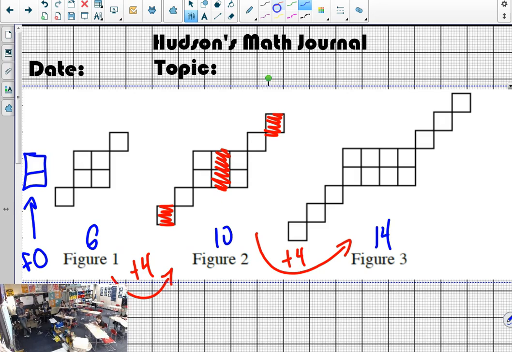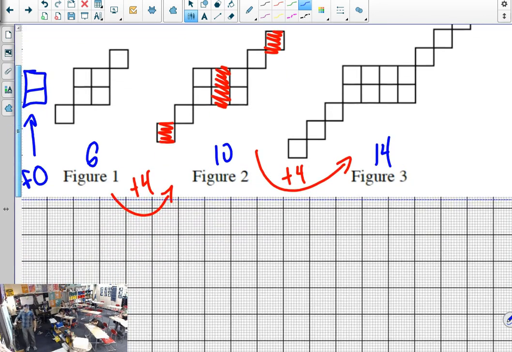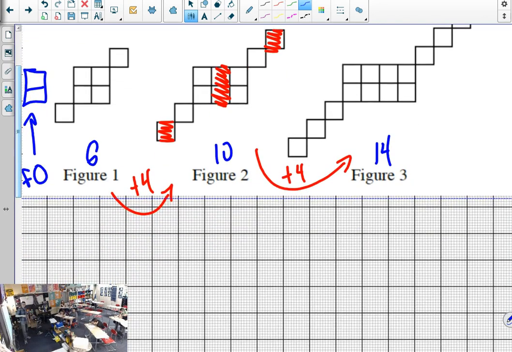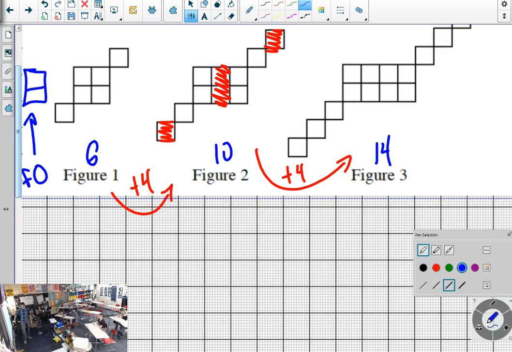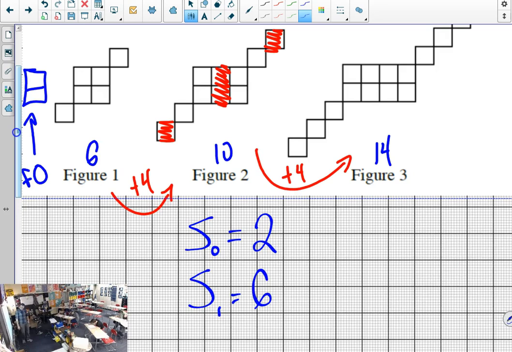So we could say, if I use that little subscript notation, the squares at figure 0 is 2. The squares at figure 1 is 6. We could keep going.